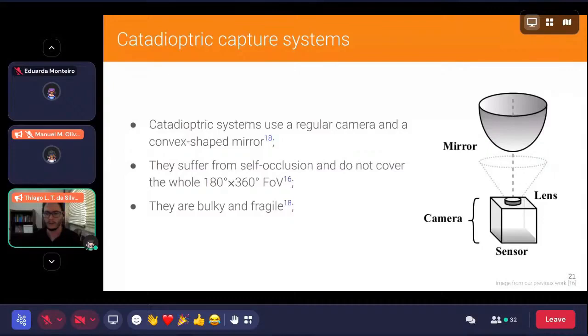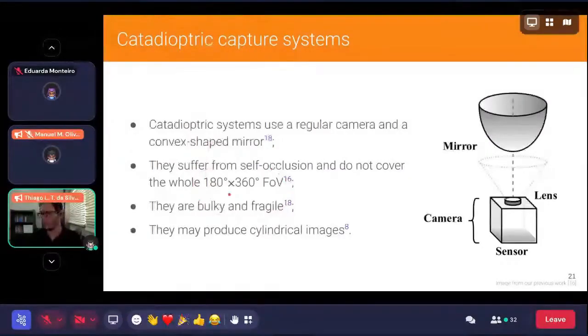Once we do not cover the full field of view and we have this kind of occlusion, from the mirror and camera or sensor, we can map the information that we can capture in a cylindrical form, and this will be a different model of omnidirectional camera. That's not actually omnidirectional.